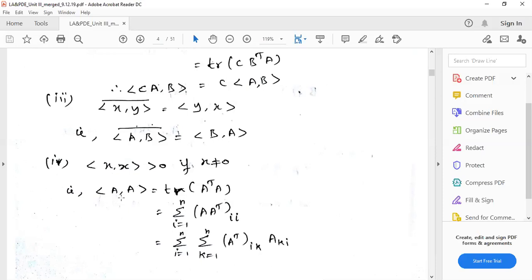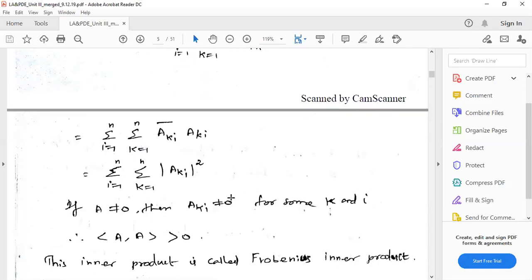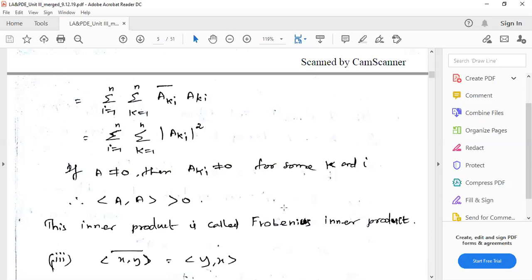That is, inner product of A comma A is equal to trace of A transpose times A, and this is equal to the summation over i from 1 to n, summation over k from 1 to n, of the absolute value of A ki squared. If A is not equal to 0, then A ki is not equal to 0 for some k and i. Therefore, inner product of A comma A is greater than 0.